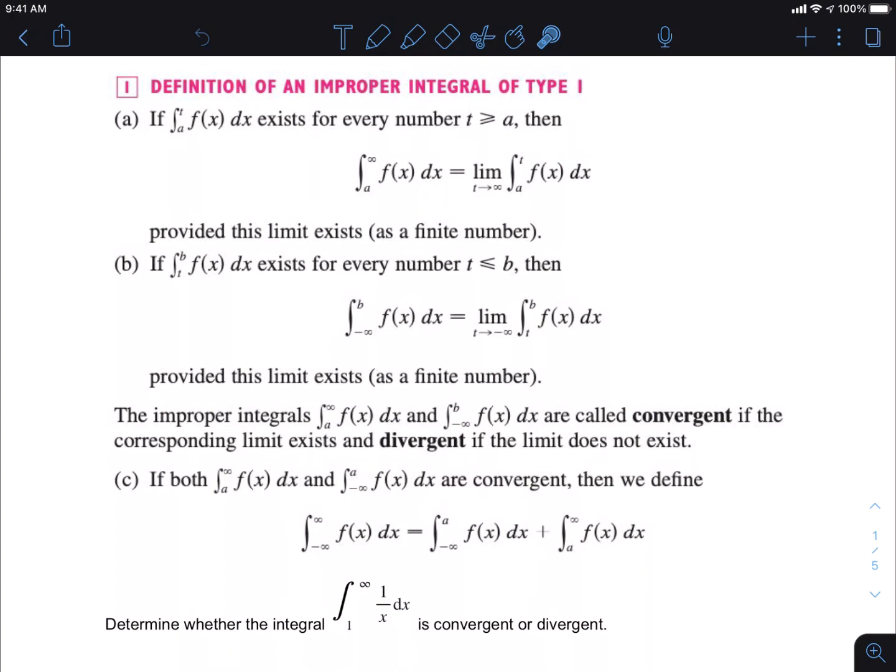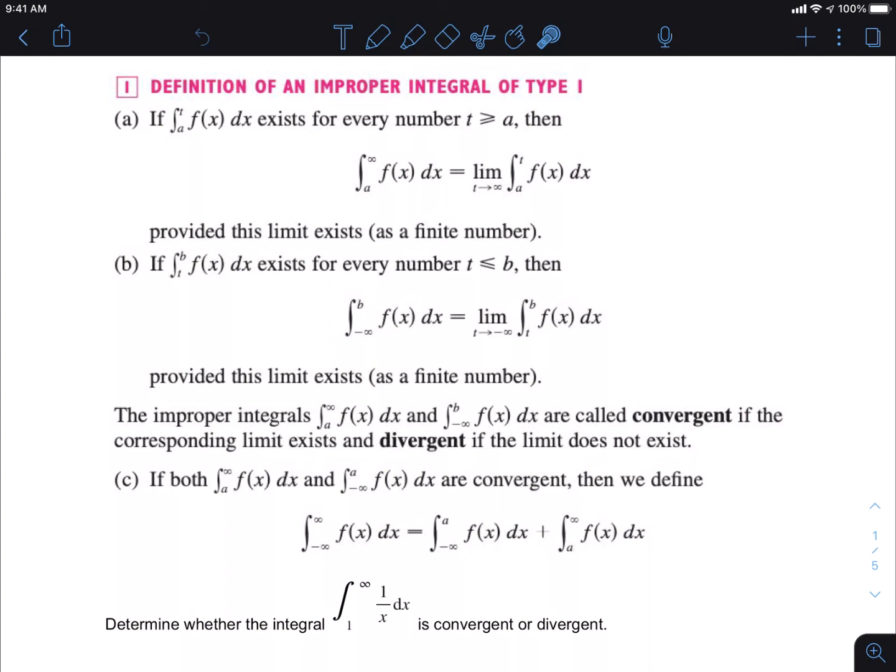We either find out if it's going to converge, and if it converges, that means that we have a numerical value when we take the limit. If it goes to infinity, it's going to be divergent. So I'll show you these, and we'll build from there.